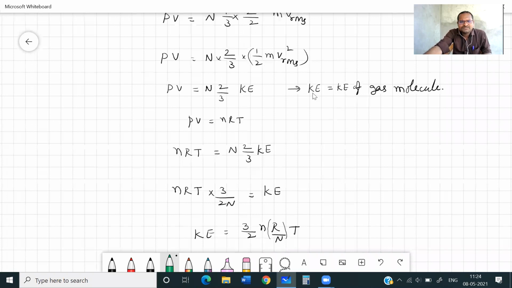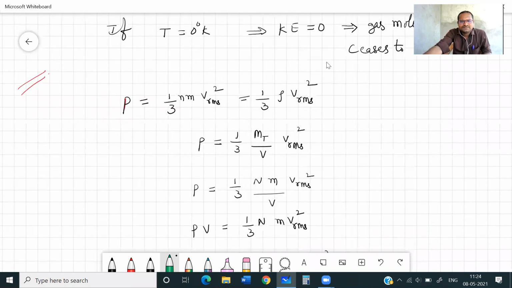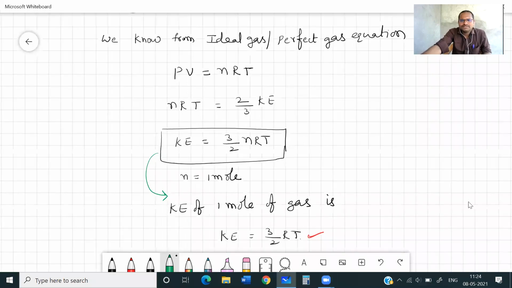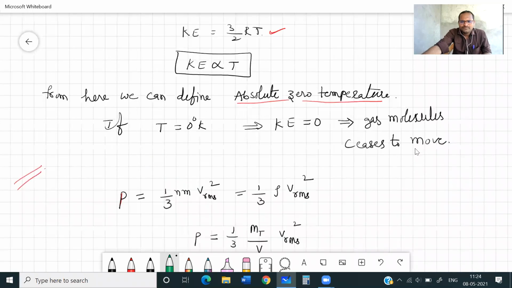These are important formulas. You need to remember them. Clear?